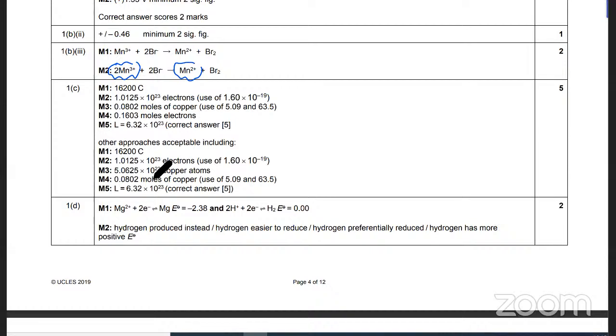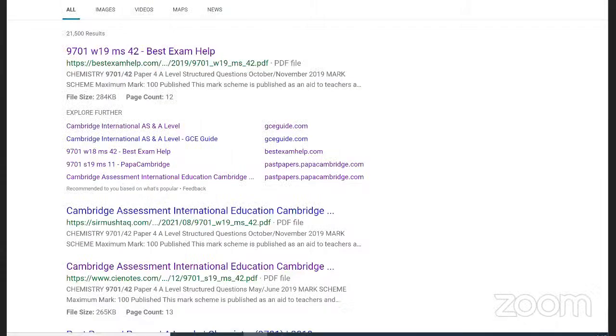Here we calculated the moles correctly. The moles of copper were coming out as 0.08, right? We got 0.1603, that's also fine. 16,200 coulombs is also fine. So where did we go wrong? No, just 1 second.